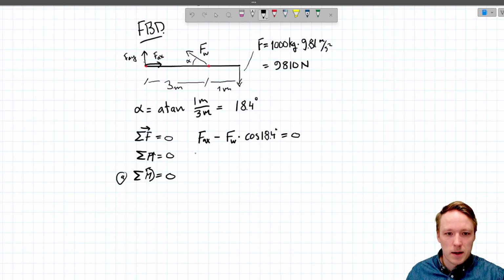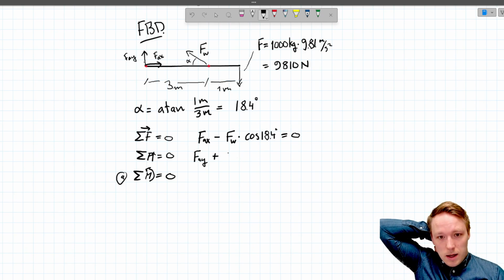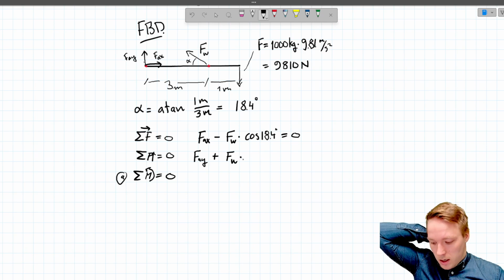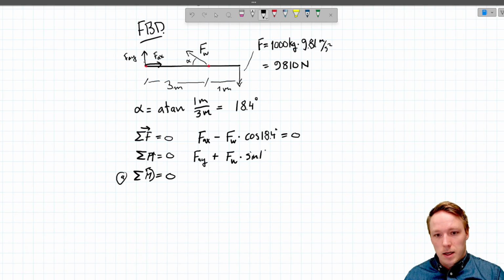So we have FAY in positive direction, and then we subtract from that the vertical component of FW, so it's FW times sine 18.4 degrees, and that has to equal 0.